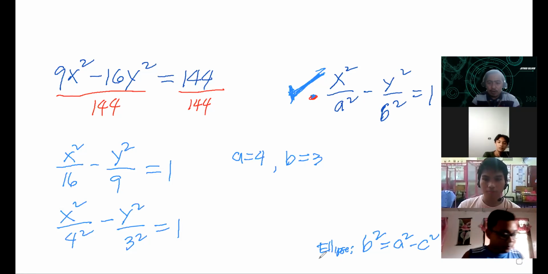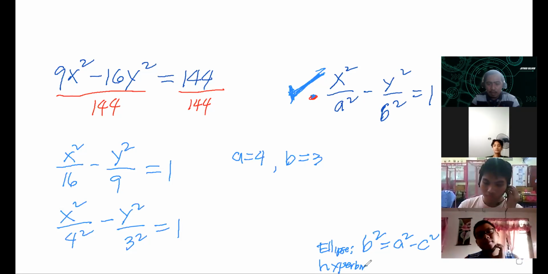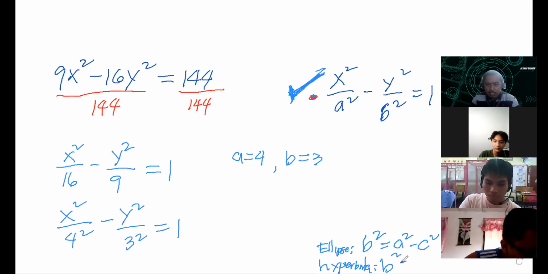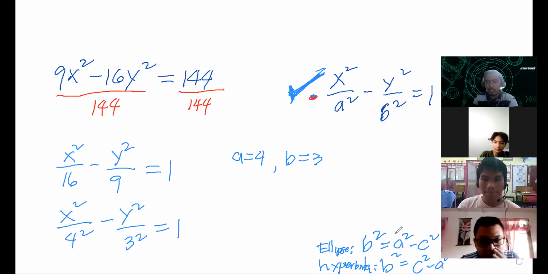But for the hyperbola, class, it is different. For the hyperbola, the formula that we will be using is b squared is equal to c squared minus a squared. Got it? Don't get confused. The formula used for the relationship of b, a, and c in the ellipse is different from that of the hyperbola. Okay? Clear?